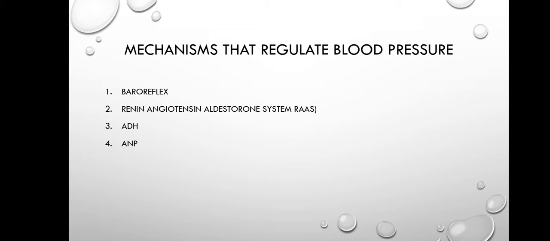In the case of low blood pressure, the opposite is true. Sympathetic output increases and parasympathetic output decreases. This leads to increased heart rate, increased contractility, and vasoconstriction, thereby increasing blood pressure. Remember, the vasoconstriction comes from stimulation of the vasomotor centers, where the vasoconstrictor impulses will increase.